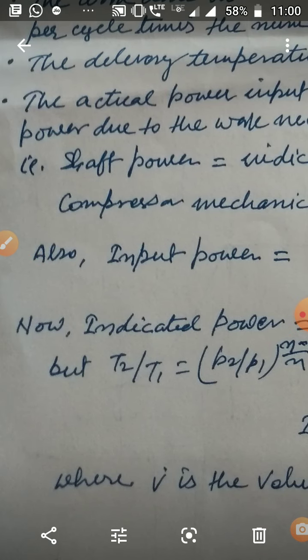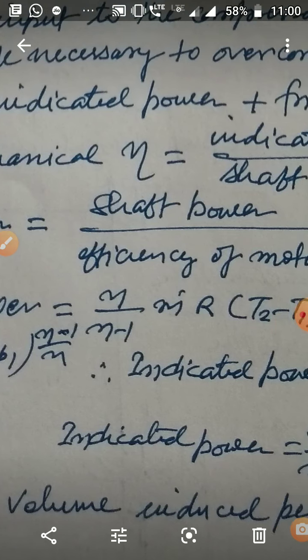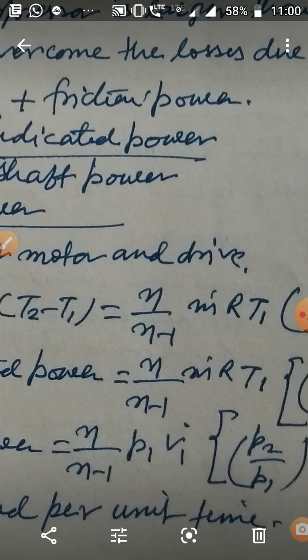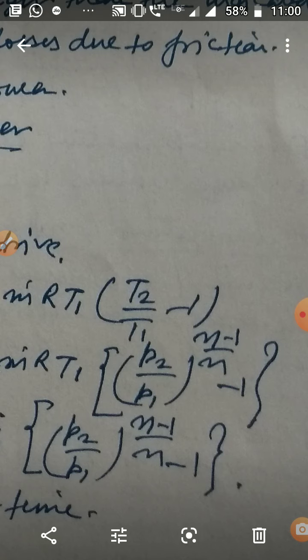Now indicated power is equal to n by n minus 1 m dot R (T2 minus T1), which is equal to n by n minus 1 m dot R T1 (T2 by T1 minus 1).